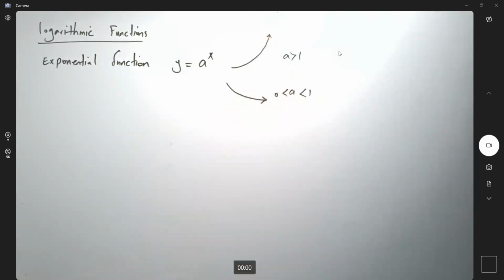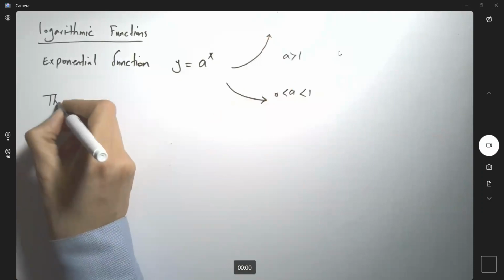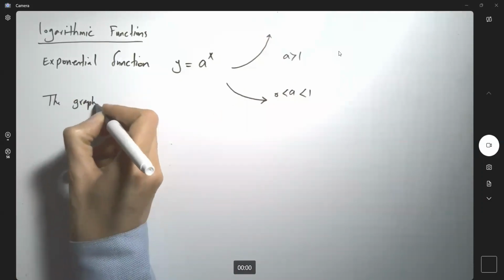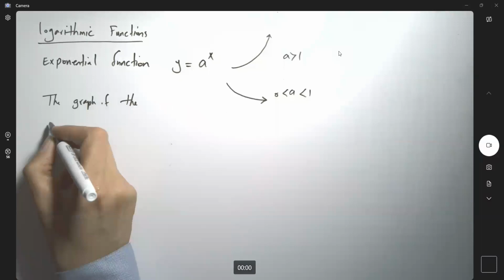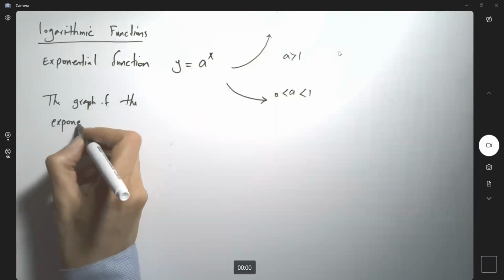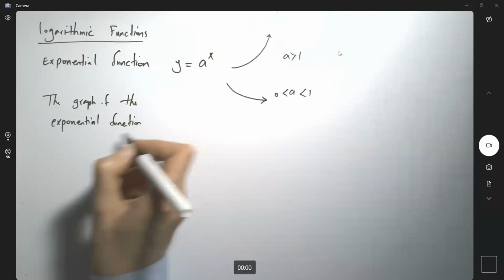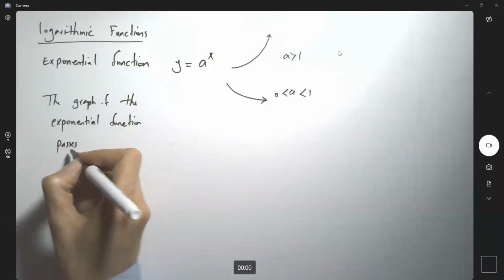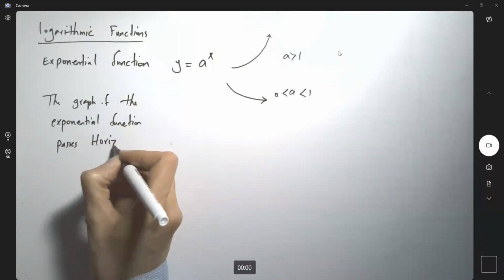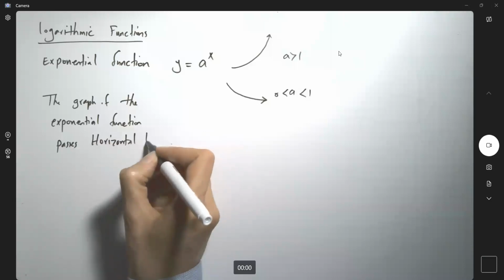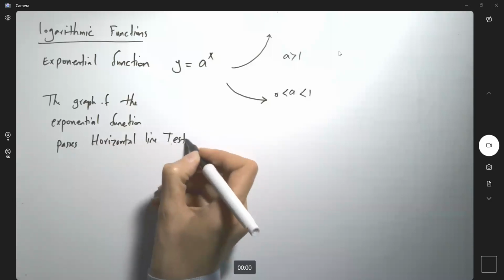The graph of the exponential function passes the horizontal line test.